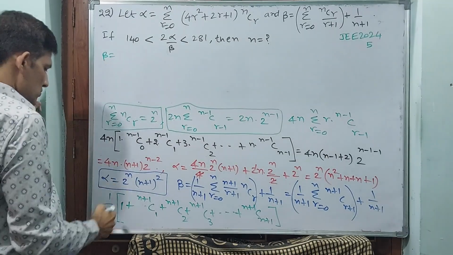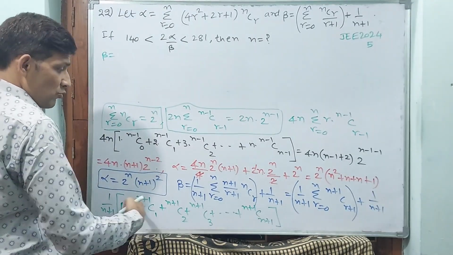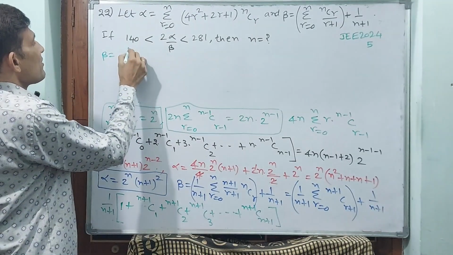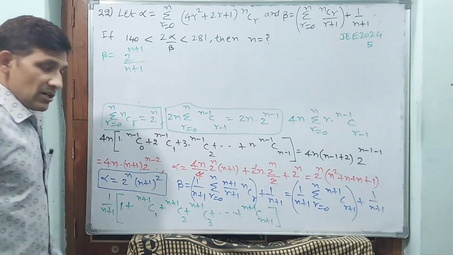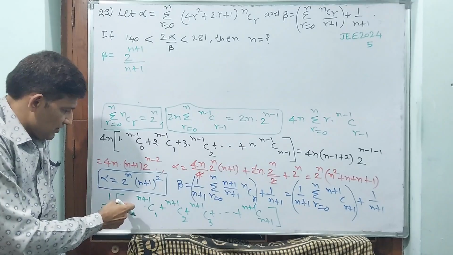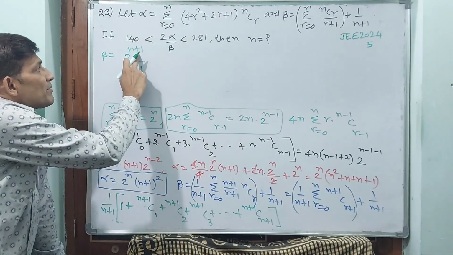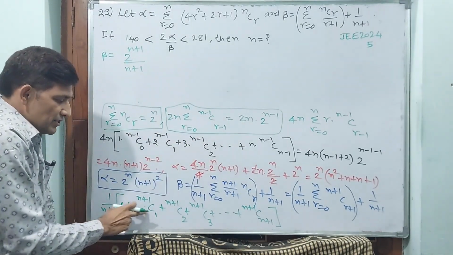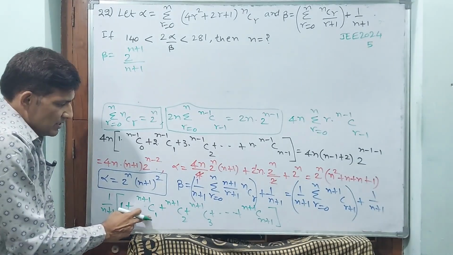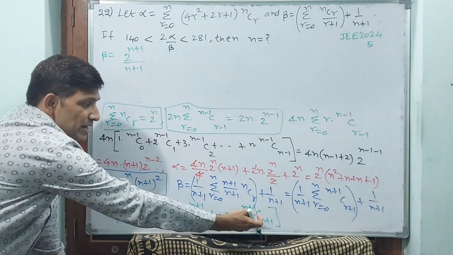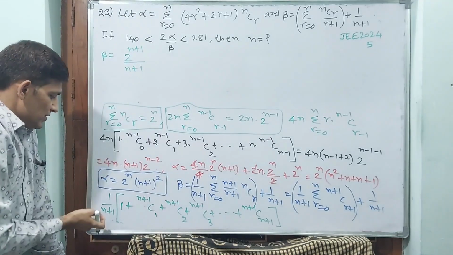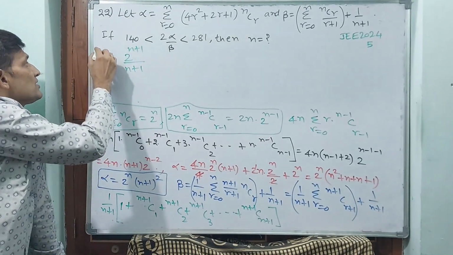Beta is equal to 2 power n plus 1 divided by n plus 1. You accept it or not? Why? Because this expansion is equal to 2 power n plus 1: nC0, nC1, nC2, nC3, nCn, with n replaced by n plus 1. This is the denominator, n plus 1 is there. Okay, this is beta.